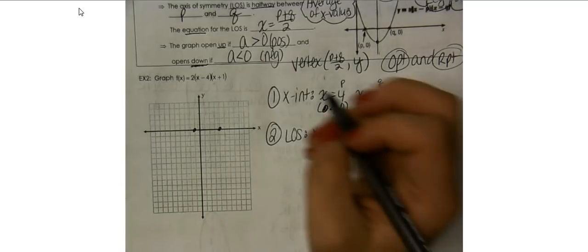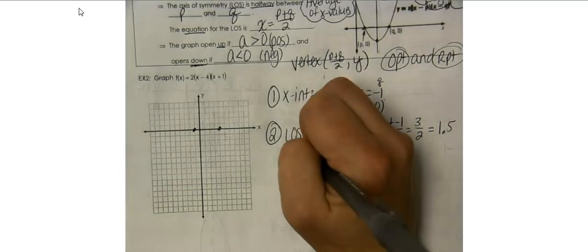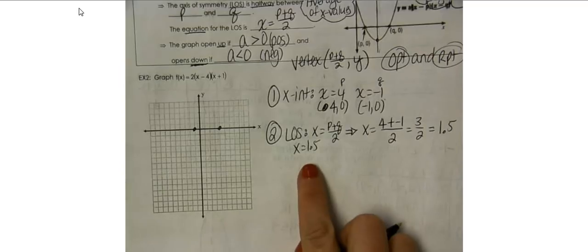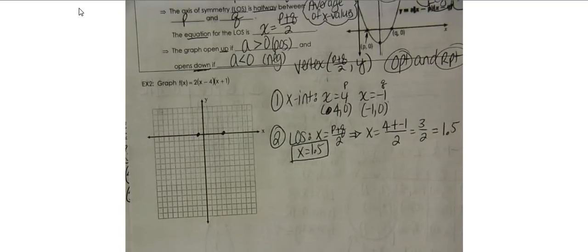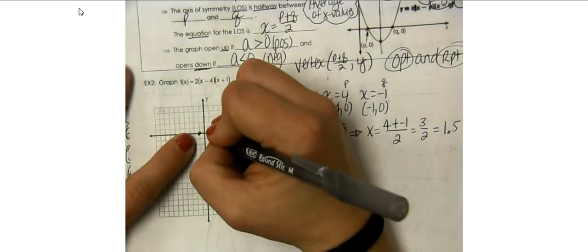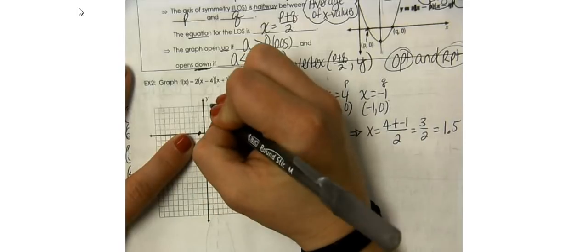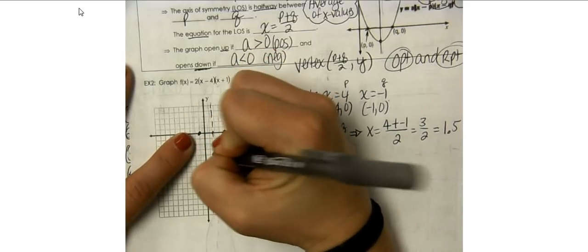So x equals 1.5 is my line of symmetry. Always rewrite it as an x equals equation because it represents a line. So I'm going to go to where 1.5 is and draw a vertical dashed line going through 1.5.